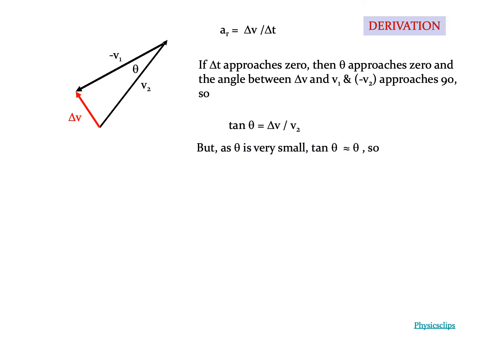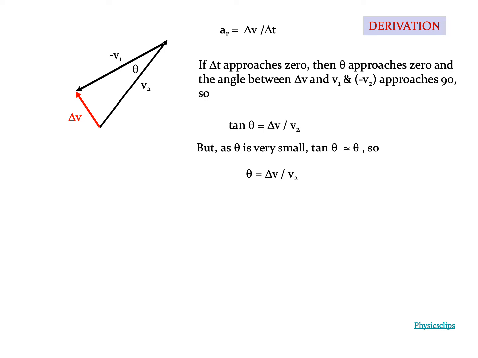If that's the case, then we can say from trigonometry that tan theta equals delta v over v2, because delta v becomes the opposite side and v2 becomes the adjacent. However, as theta is very small, we can use what's called the small angle approximation.